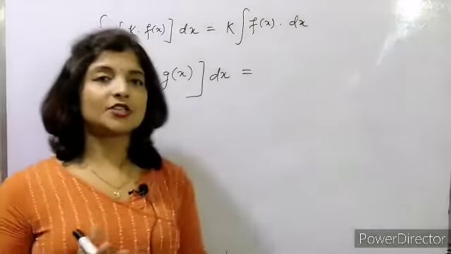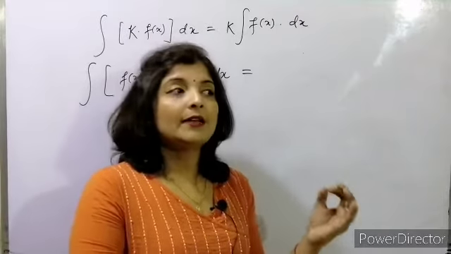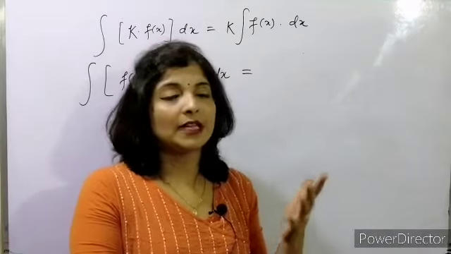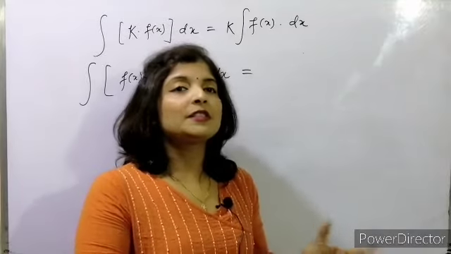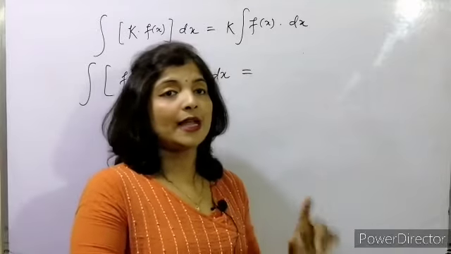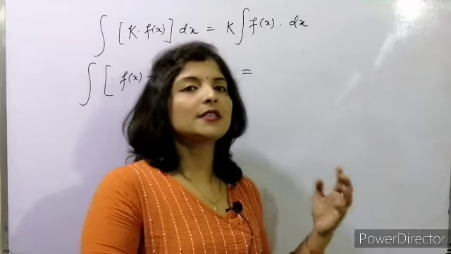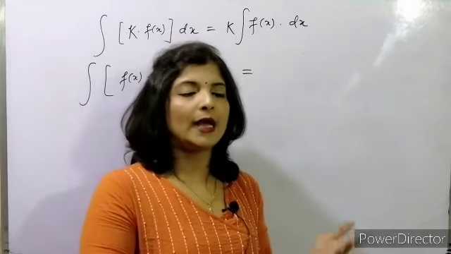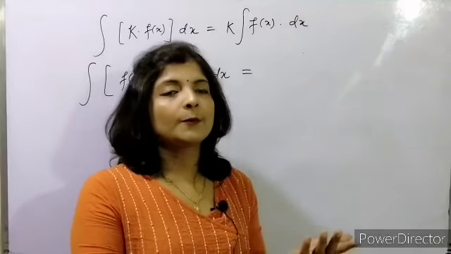Like in differentiation, if there is a function and there is some scalar number multiplied with that function like k f(x), in that case we were just finding the derivative of f(x) with respect to x and keeping k, मतलब side में k को, that is a scalar value, and we have to multiply with that. So we were just multiplying with it.